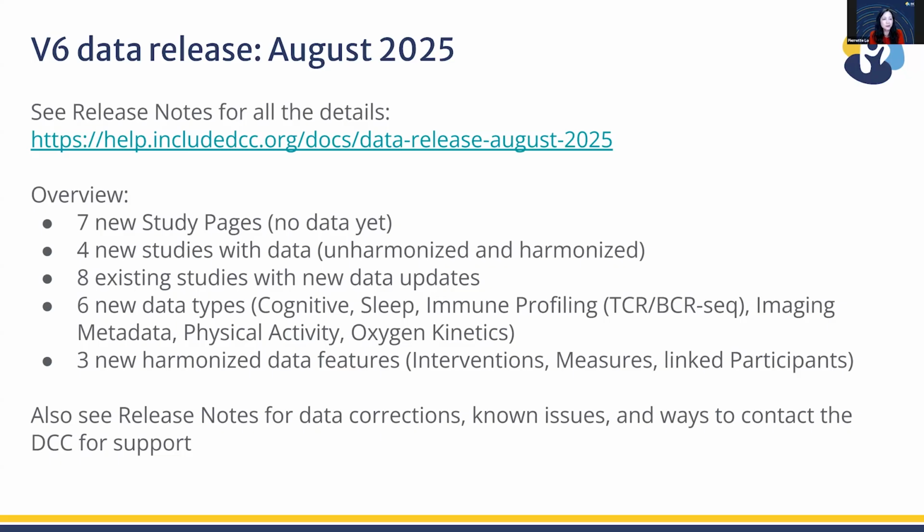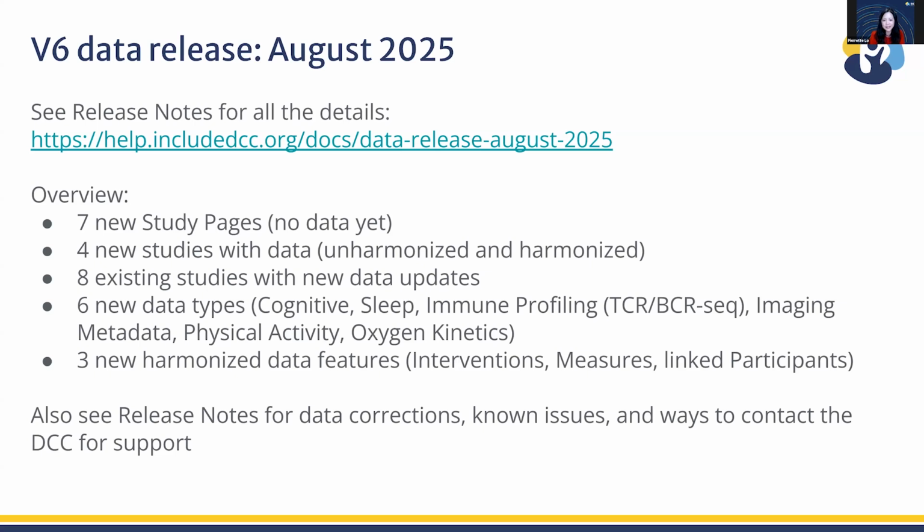So overall, we've added 7 new study pages that give a preview for studies that have not submitted data yet. We have 4 brand new studies with both unharmonized and harmonized data. We have new data updates for 8 existing studies.